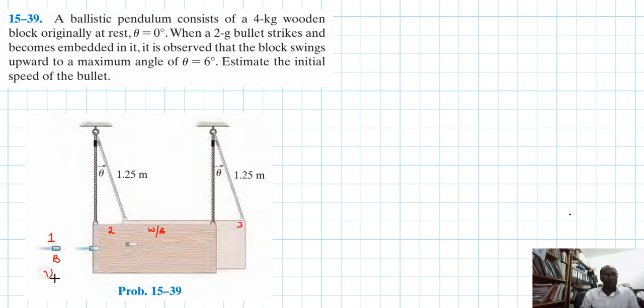Let's say we have VB equal to unknown. What else? State 1, we have MB equal to 0.002 kg.